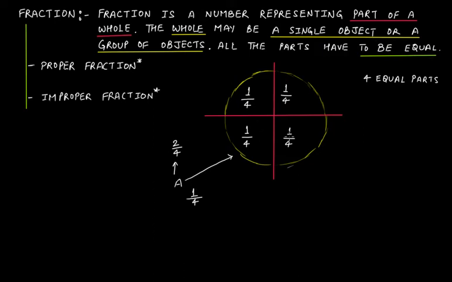If he or she takes this part and this part, both these 2 parts, person A will say that now I have 2 parts. Since I have 2 parts, I have 2 by 4 of this pizza. If that person takes this part also, let me just color it, this part, then this part, and then this part.